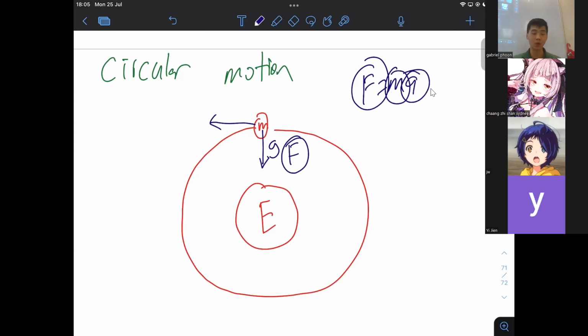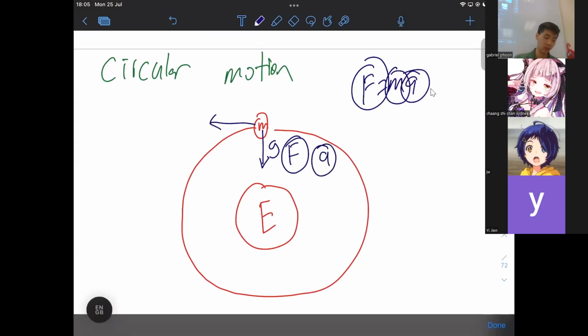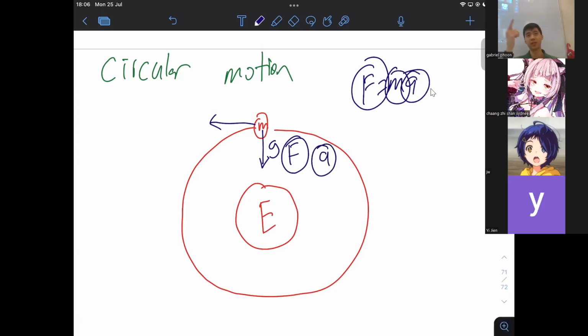As soon as you identify that this is circular motion, I want you to know that there is acceleration towards the center of the circle, and because there is acceleration towards the center of the circle, there is resultant force towards the center of the circle, guys. For those who have attempted some past year papers, you'll see it's going to be something like this, guys.